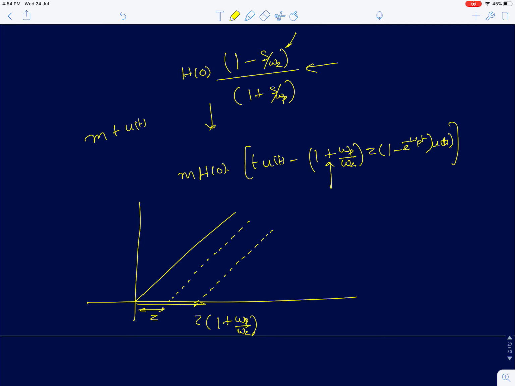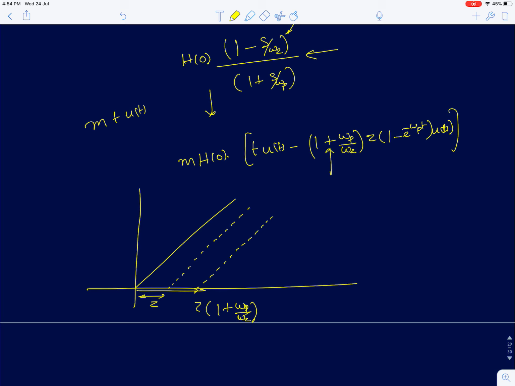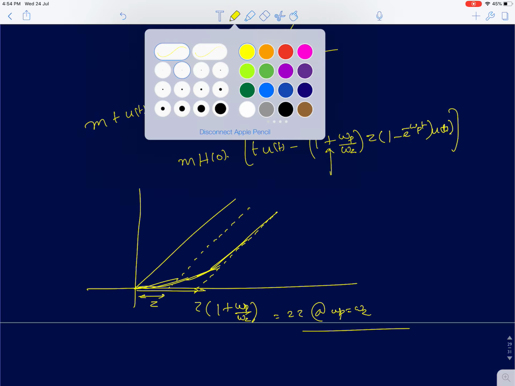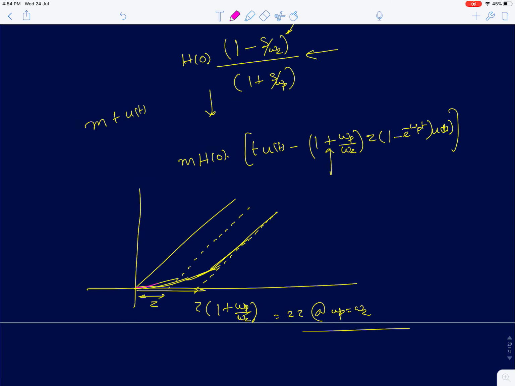So if omega p equals omega z for a right half plane 0 system, this is going to be 2 times tau. So the output is going to look like this. Eventually it will reach this value. If you had no pole, no 0, it would have reached this way. The presence of the 0 is delaying it further.